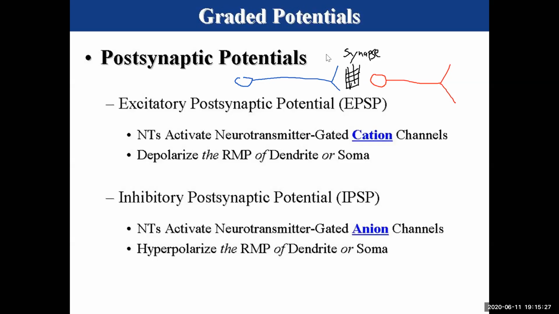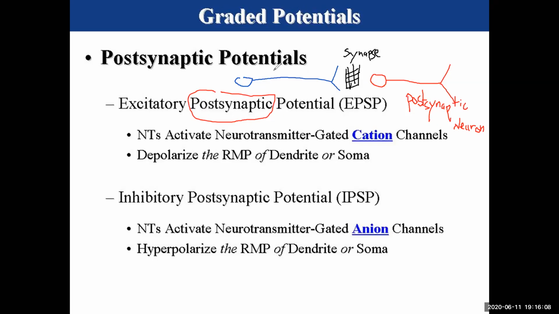The red neuron is the postsynaptic neuron. Postsynaptic, this word here, postsynaptic neuron. The blue neuron is the presynaptic neuron. So I'm not going to write it. P-R-E, synaptic neuron.